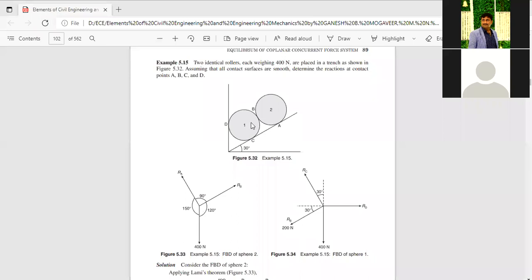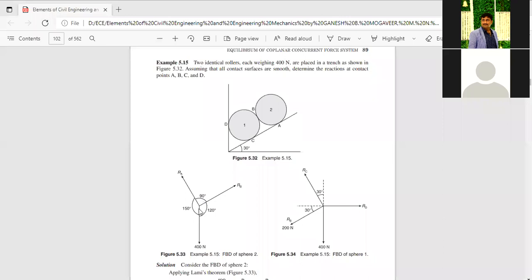And the weight of the sphere is acting vertically downwards. So hence you have the weight component of the sphere acting vertically downwards. Now you know the angle between these two forces is 90 degree, the angle between RB and the 400 Newton force is 120, and the angle between RA and 400 Newton is 150. Now here you have only two unknowns.